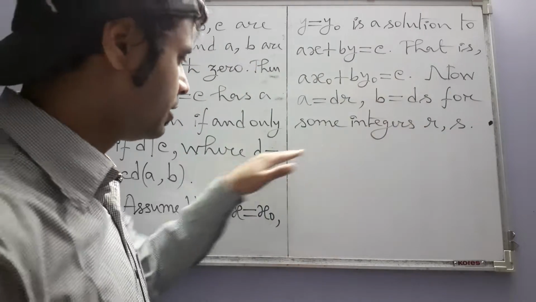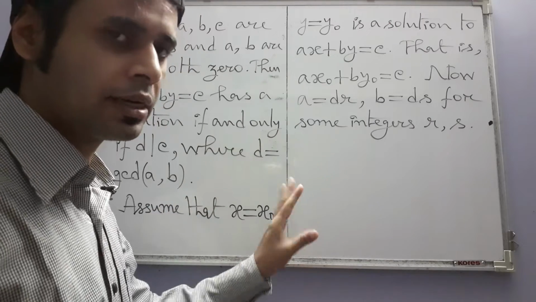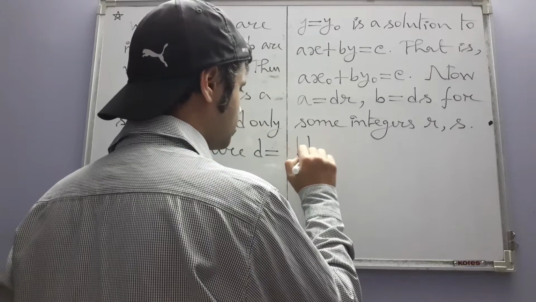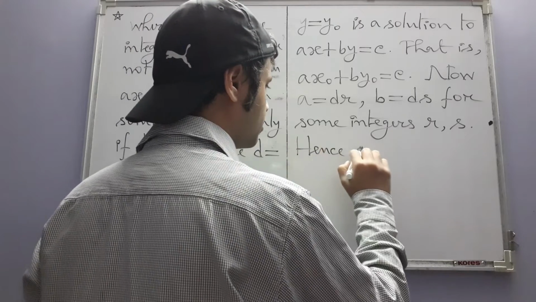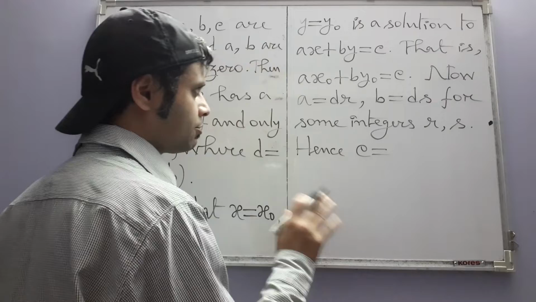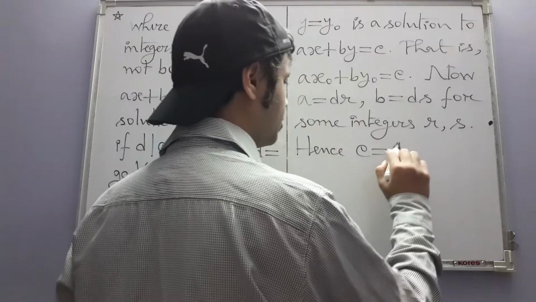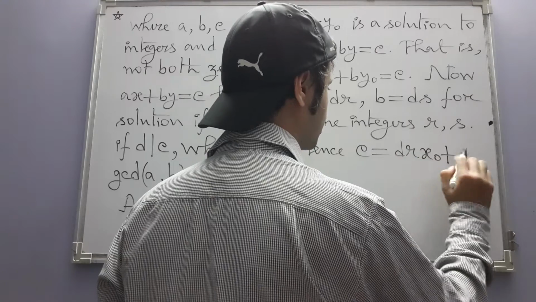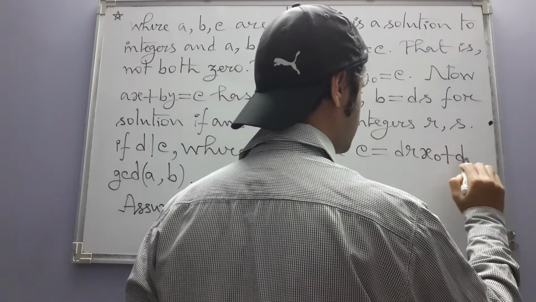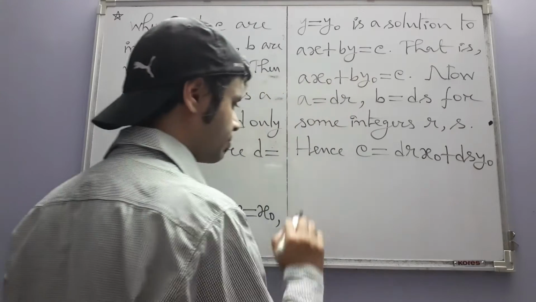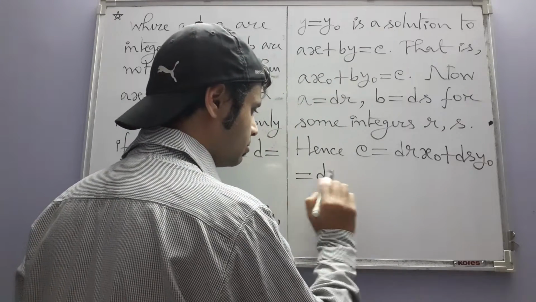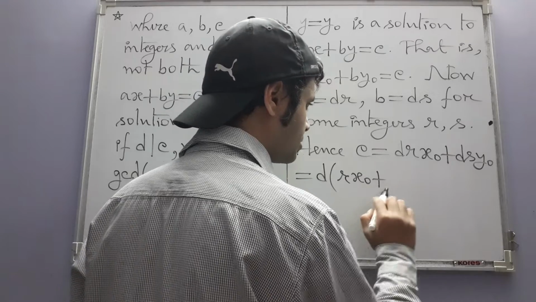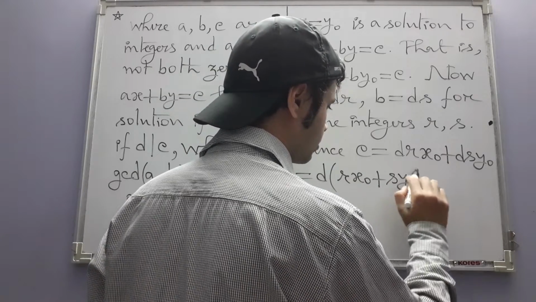In fact, I should have written it before writing this assumption, but anyway, you understand what we are doing here. Hence, c equal to, now c becomes what? In place of a we can put dr, so we have dr x naught. In place of b we can put ds, that is equal to d times r x naught plus s y naught.